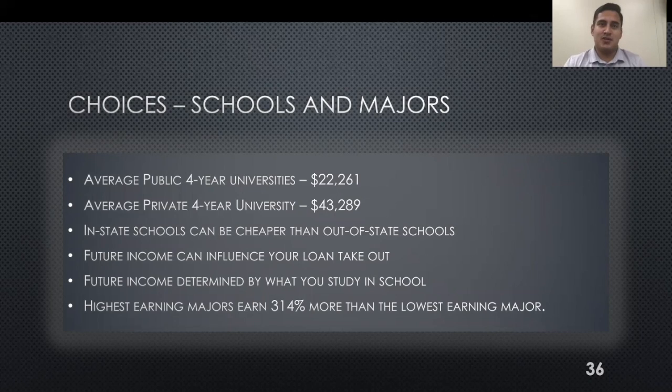Obviously, in-state tuition can be a lot cheaper than out-of-state tuition, depending on the state. And also, you want to think about how your future income can influence the amount of loans you want to take out, and that can be estimated by what major you choose to study in school. On average, the highest earning majors earn 314% more than the lowest earning majors.